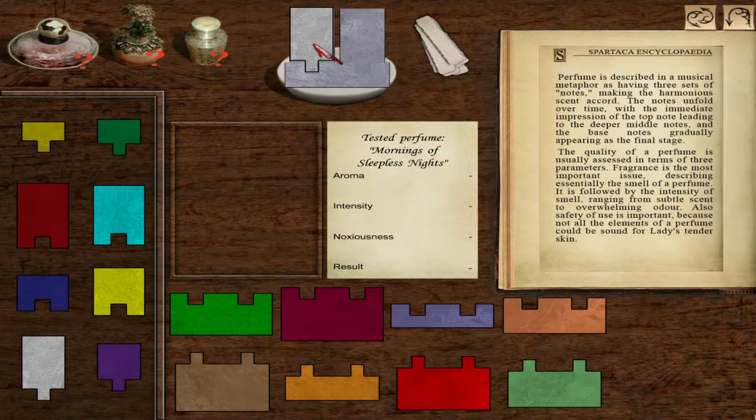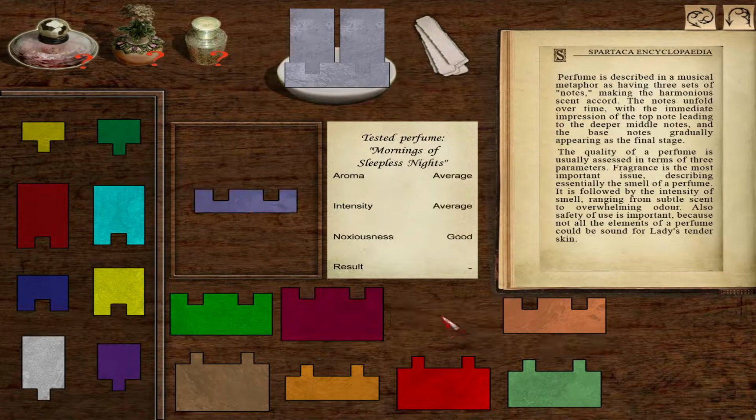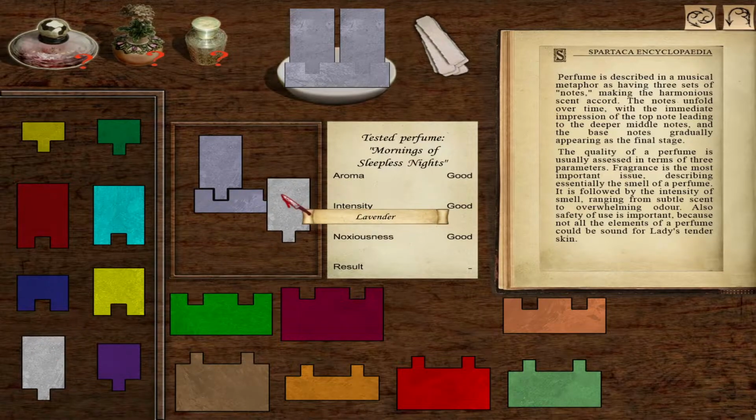Am I understanding that? Oh, I need to mimic this. So it would be two. Okay, let's start with the base. That would be lavender, probably. And then two food oils, if I'm understanding this correctly.